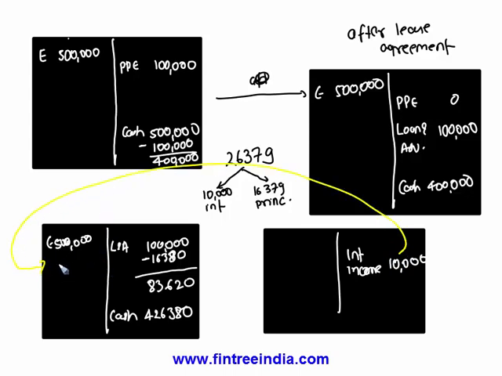So we will have income of 10,000 here, and the balance sheet will tally at 510,000. Take the total of these components, it will come out to be 510,000. Followed? So we remove the asset, then whatever installment we received, principal got reduced from that asset of loans and advances, and the interest component was shown as a part of income.